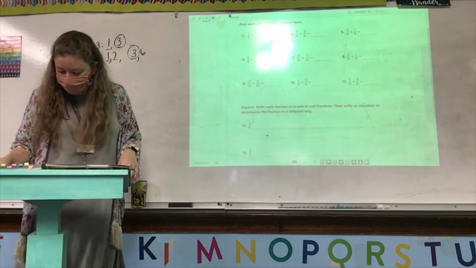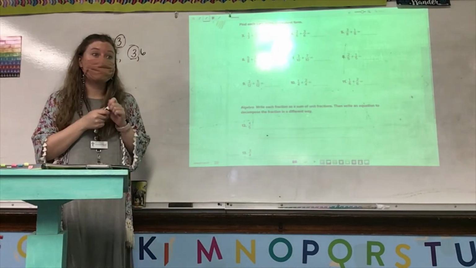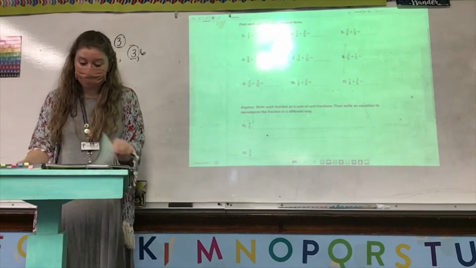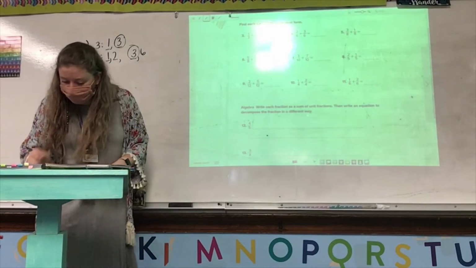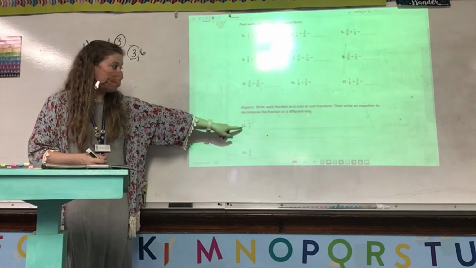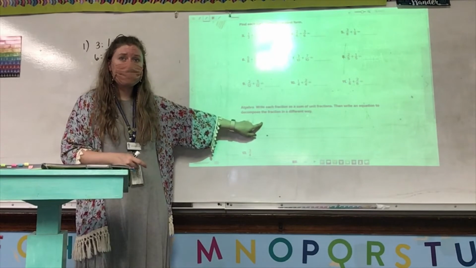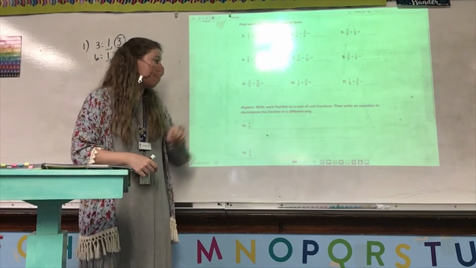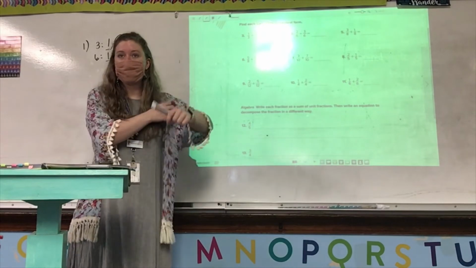Okay, so 12 through 14 are just like what we did yesterday on numbers, I think, 12 through 14? No, 6 and 7. First you find the fraction and you write the equation with unit fractions. Then you write another equation for it. We'll do number 12 together if you're confused about that.